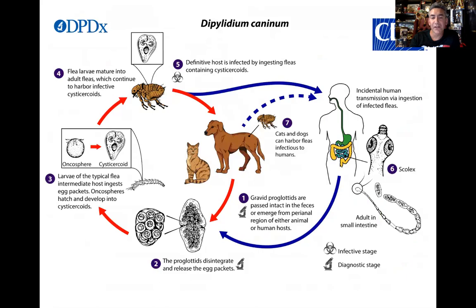So this is the dog tapeworm, where you have the cycle where fleas are a factor. Right? Dogs and cats are kind of similar. There's a different species of tapeworm for cats, but we have this life cycle.